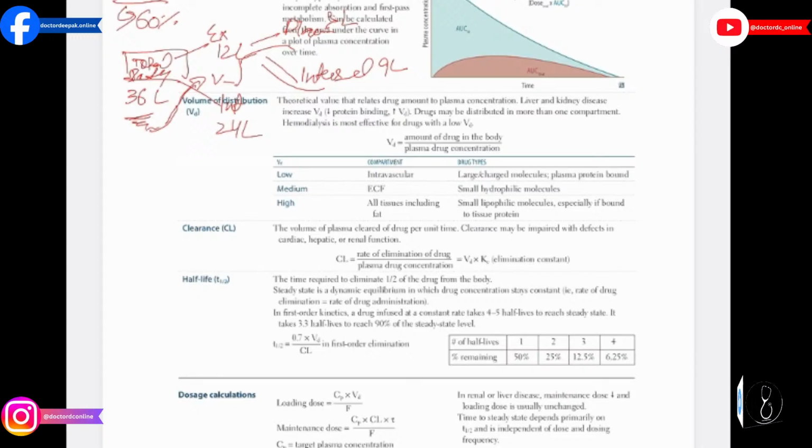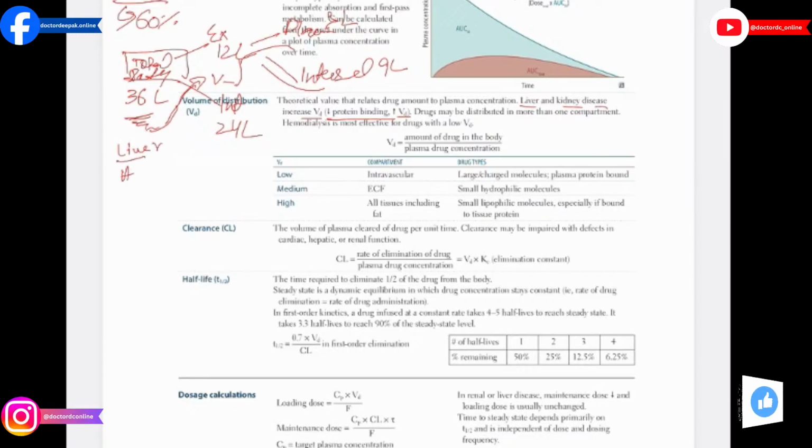So we will study how liver and kidney diseases increase the volume of distribution. In liver and kidney disease, protein binding decreases, which can increase the volume of distribution. Why liver and kidney?